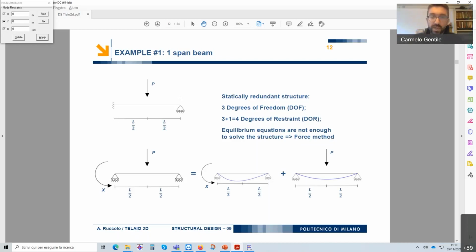So we have a possibility to have rotation. In fact, in this configuration, we have an expected rotation when we have any kind of load applied on the structure here. And similarly, we could also have a horizontal displacement if there were some horizontal force.